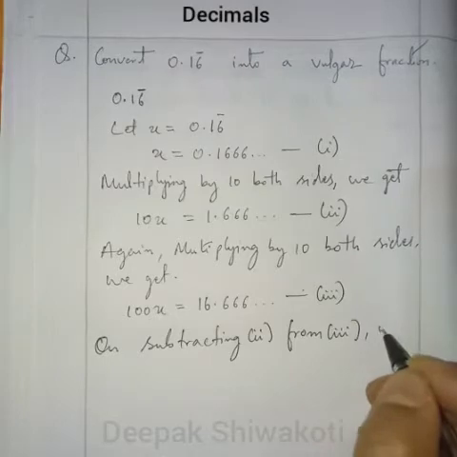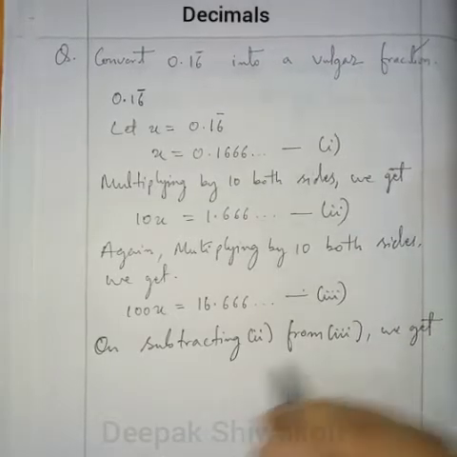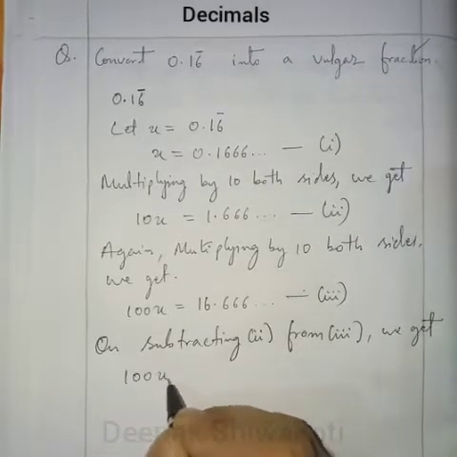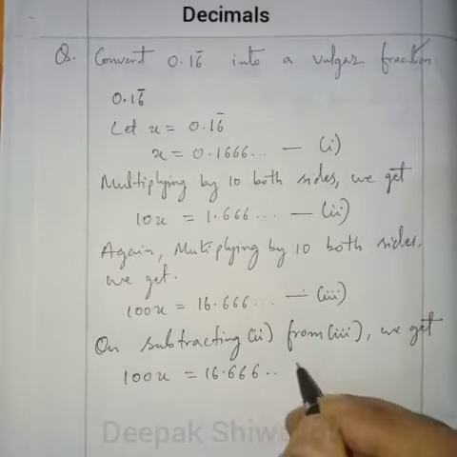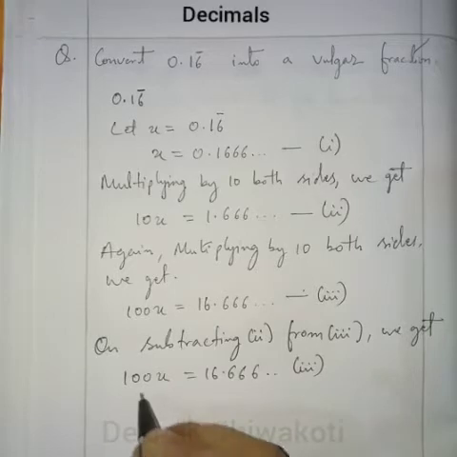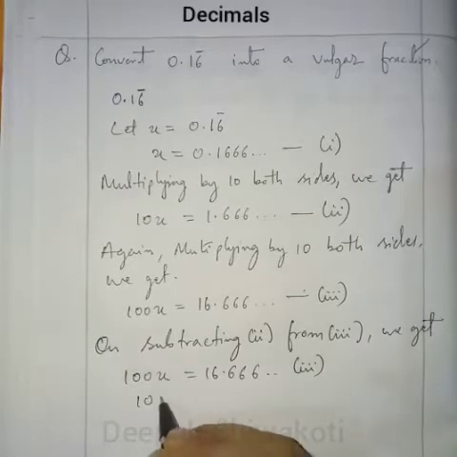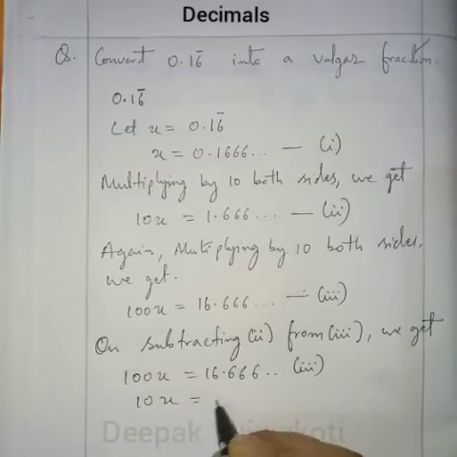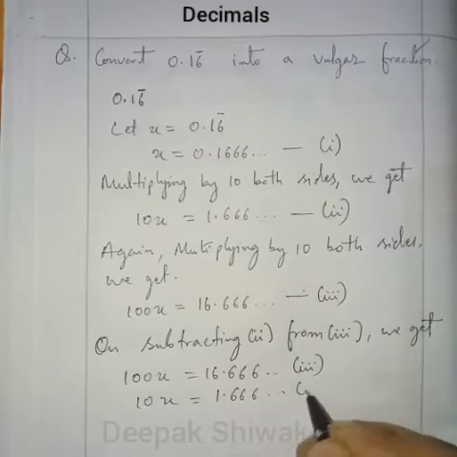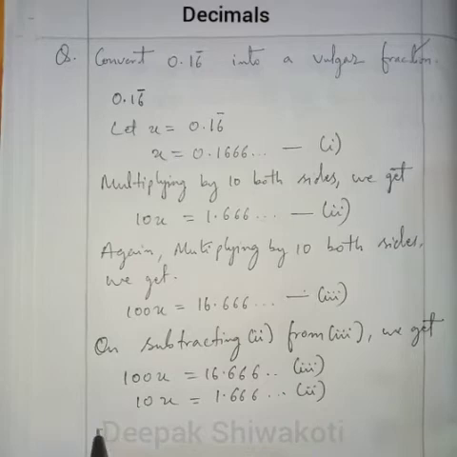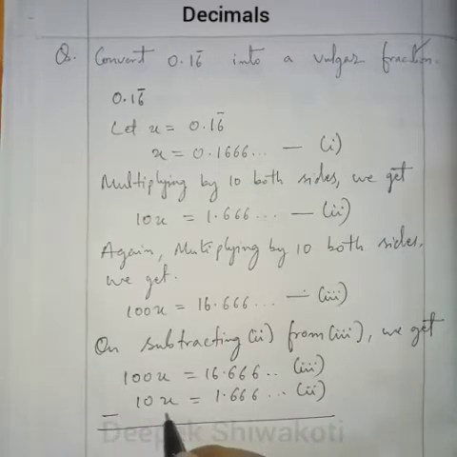We get like this: 100x is equals to 16.666. This is equation 3, and we are subtracting equation 2 from this, that is 10x is equals to 1.666. It is equation 2.